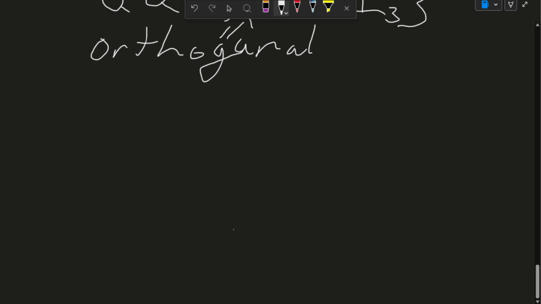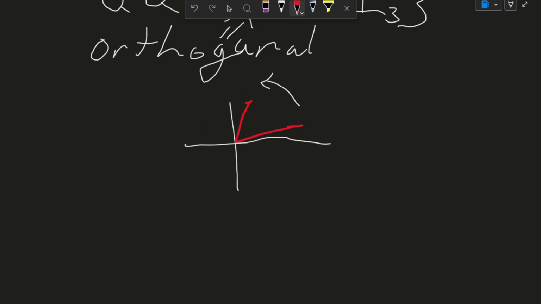If I'm back in 2 dimensions, and I have a vector here and a vector here, and I rotate them counterclockwise. Let's say this one's much shorter than this one, to make it obvious.